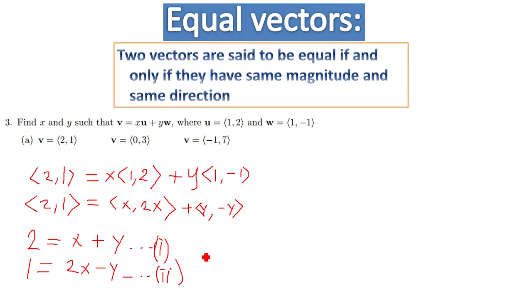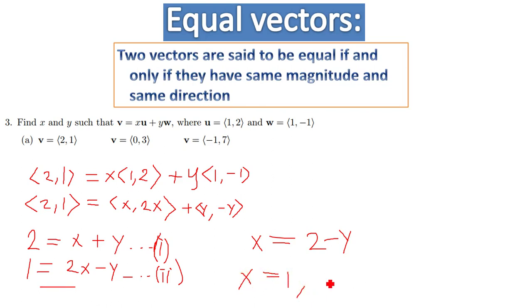So you solve the two simultaneous equations in order to get your values of x and y. When you solve these two simultaneous equations, you make x the subject in the first equation. So when you make x the subject, you are going to have 2 minus y as your substitute value. Then you replace it in the other one, and once you replace it there, you are going to find your values of x and y to be equal to 1.